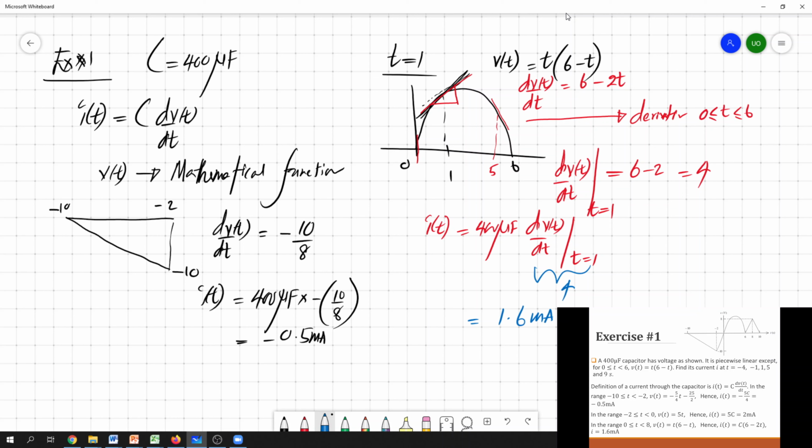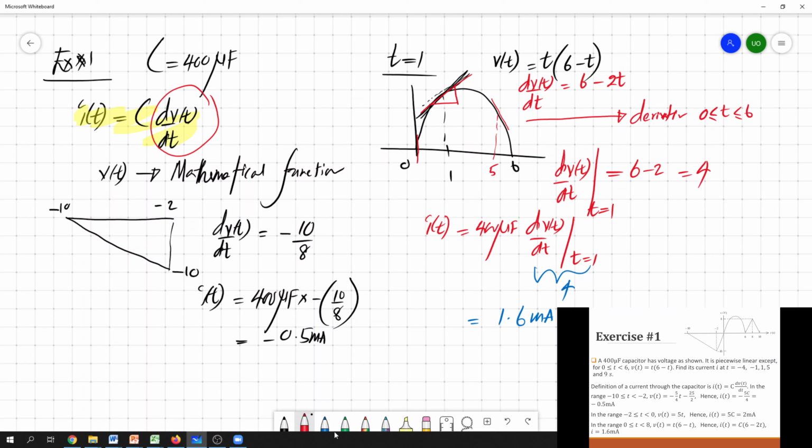So the rest of the currents can be easily found. The simple idea here is, you know the expression between the current and voltage for the capacitor. Keep in mind all the time you need to find the derivative of the voltage.